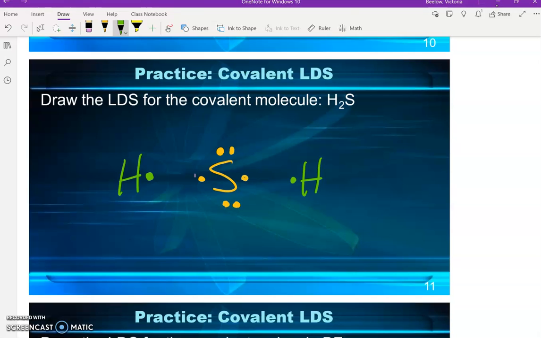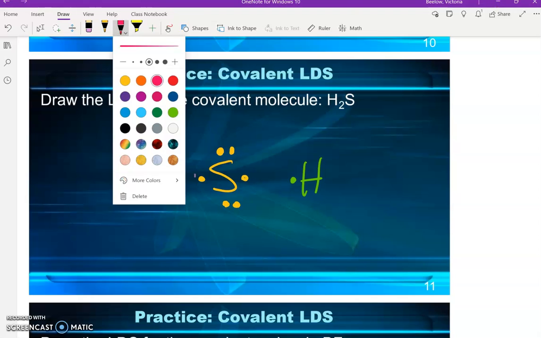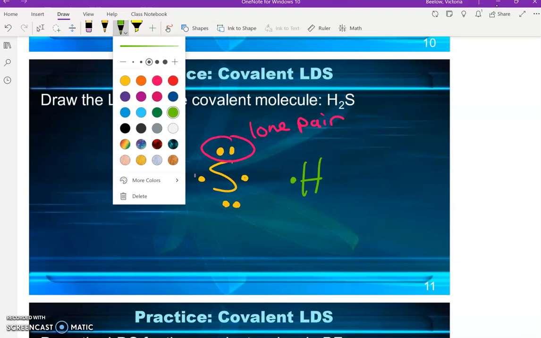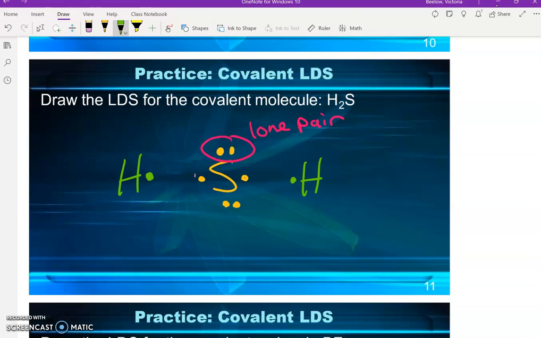We want those electrons that are by themselves, that are not in a lone pair. Remember, this is what we call a lone pair. A lone pair will not participate in bonding. However, electrons that are by themselves will participate in bonding.